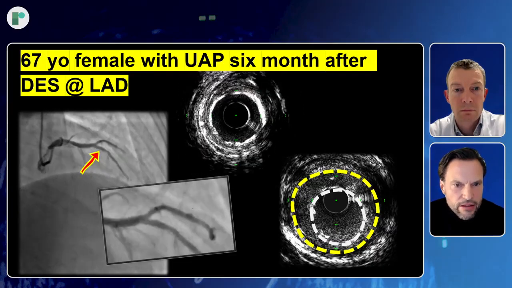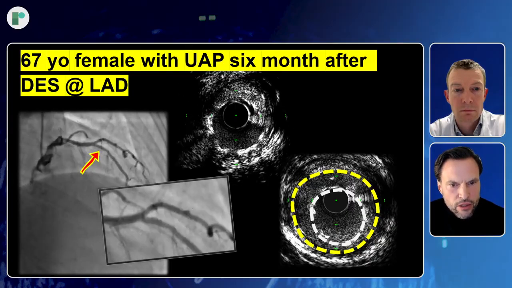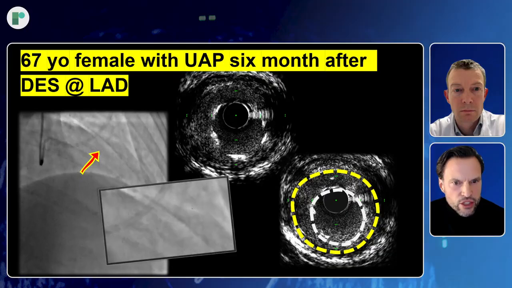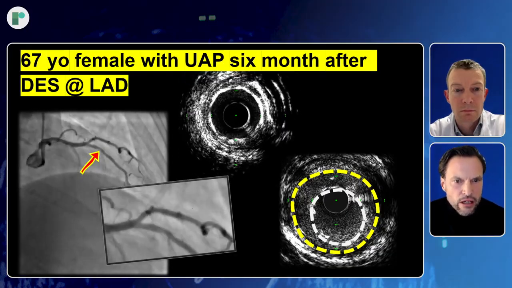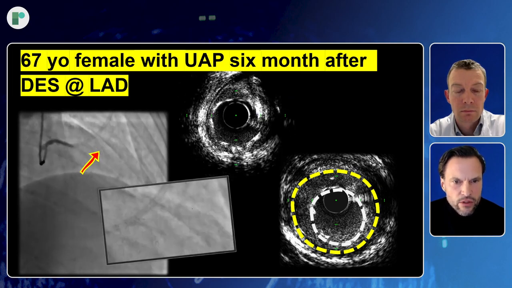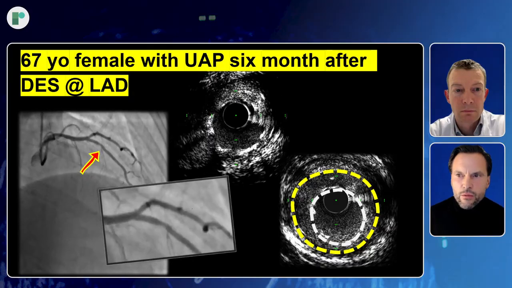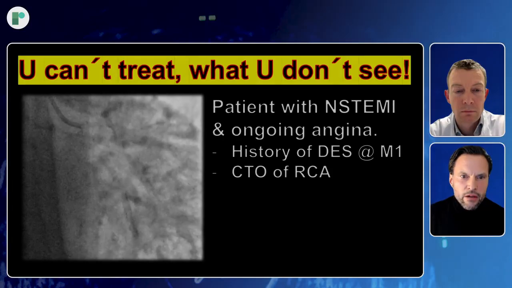So I think we should think about defining every pre-treated patient with symptoms as a complex patient, because without intravascular imaging, you don't really understand what's going on in a patient where there is already a stent in place and there seems to be a problem with this stent.